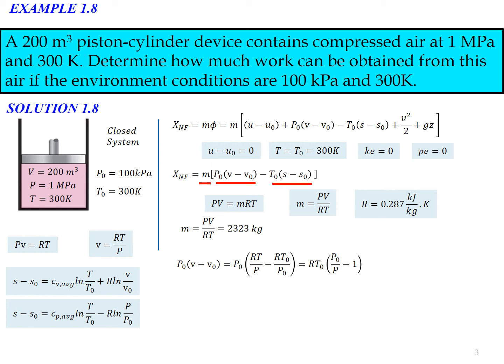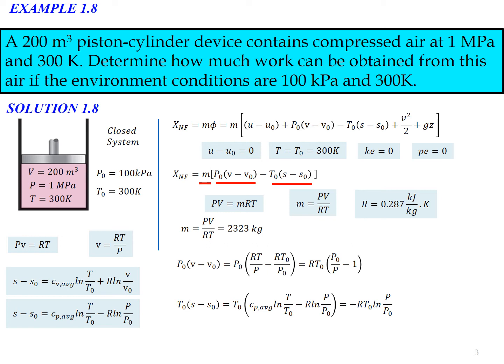However, we need to make sure that we have enough information to use the specific equation. For this case, the suitable equation is the second equation, S minus S naught equal to CP ln T divided by T naught minus R multiplied by ln P divided by P naught, because most of the parameters involved in the equation we already obtained.